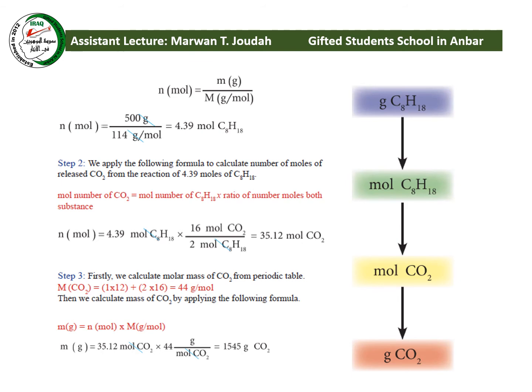So for this problem, we are going to find the number of moles of C8H18 using this law, number of moles equals mass over molar mass, and then from the number of moles of C8H18, we will find the number of moles of CO2, and then from the number of moles of CO2, we will find the mass of CO2. It's a connection between them.